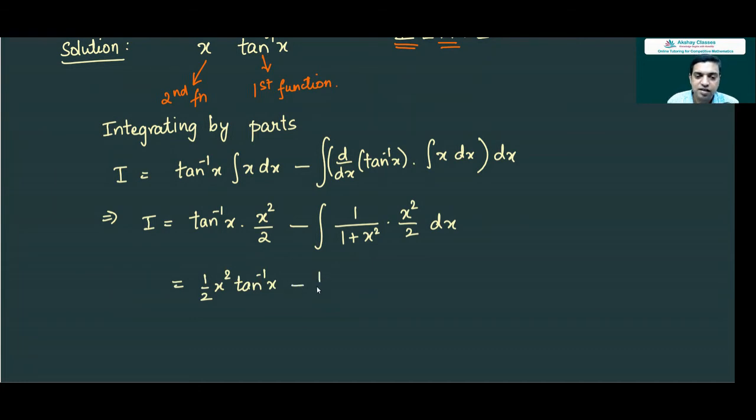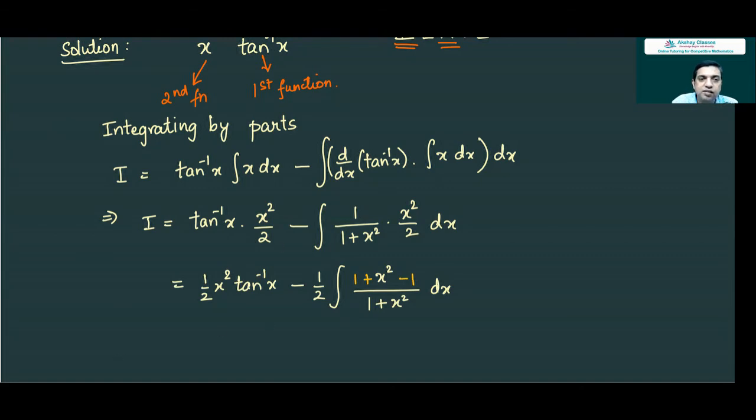minus half integral. Now we have this x square upon 1 plus x square. How to solve this one? To solve this, we add 1 and subtract 1.